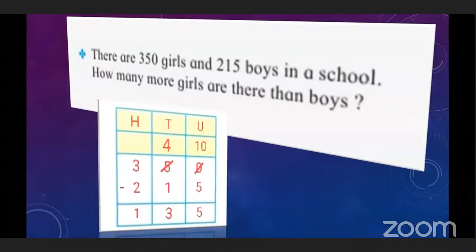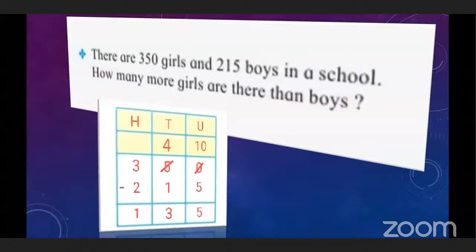So students, while reading, you automatically get an idea. Some words tell us which operation we are going to use here. How many more? This phrase tells us that we have to subtract something from some number. Here the first number given is 350 girls, the second number given is 215 boys, and this is information about a school.